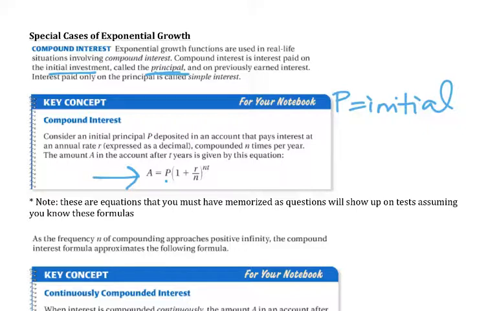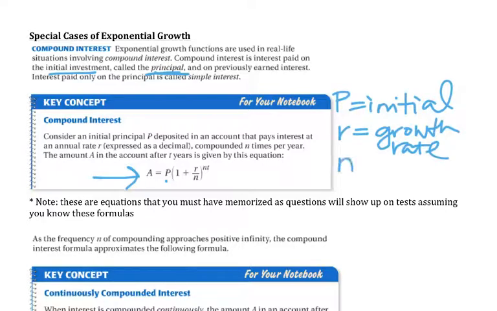Then you have the equation 1 plus R over N. R is your rate of growth, just like we have been doing all along. And it's going to be expressed as a decimal. But compounding means that it's not happening every year necessarily. It could be happening twice a year, 3 times a year, 12 times a year, 365 times a year.